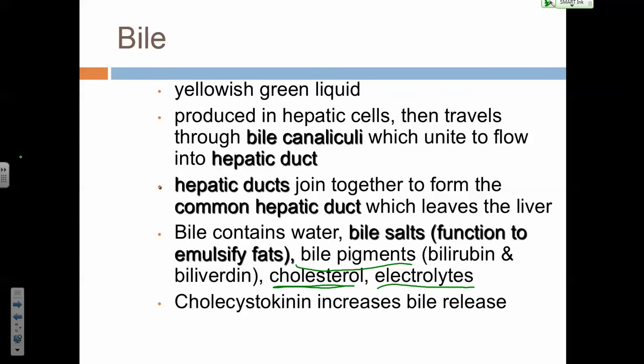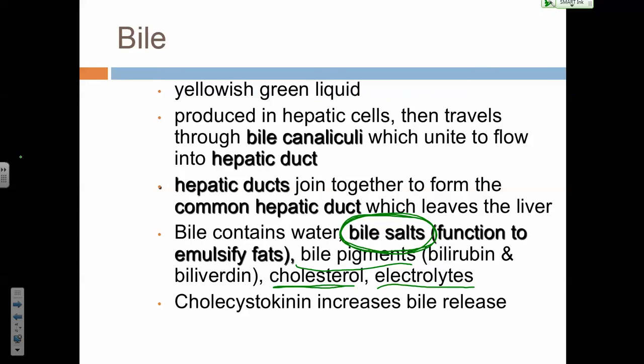But the digestive component is this one. And when I say digestive component, I'm saying this is the part that affects digestive activity in your small intestine. So these are the bile salts. That's what emulsifies the fats. They're just various ions that have come together to form salts. But their presence on a fat droplet emulsifies it, breaks it up into smaller pieces.